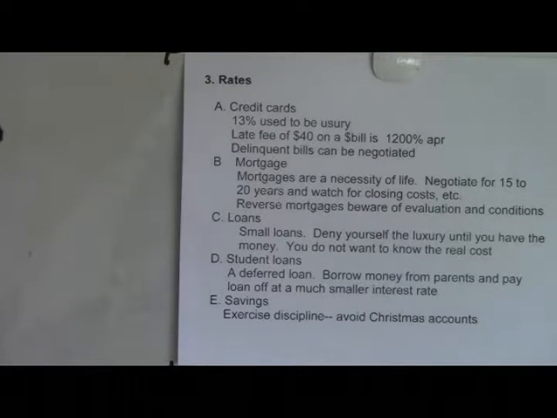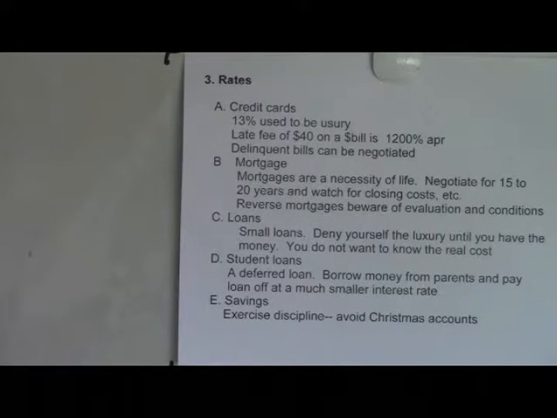Because of these high rates and extra charges, it's somewhat easy to negotiate, at least I've been told, on delinquent bills, because the credit card companies are making a lot on these little fees that begin to add up to big fees.